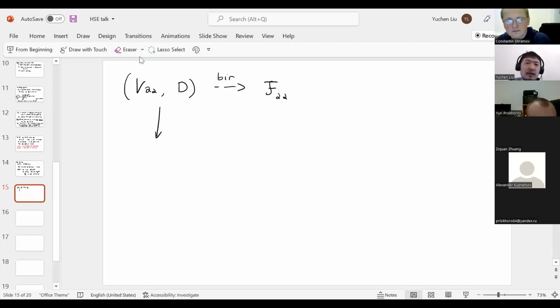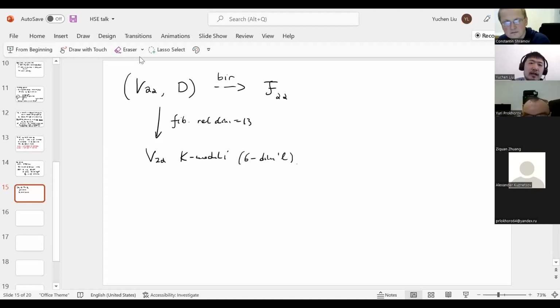I'm talking about the moduli space. And then it maps down to the V22 K-moduli, and this is a fibration of relative dimension 13. So this guy is 6 dimensional.